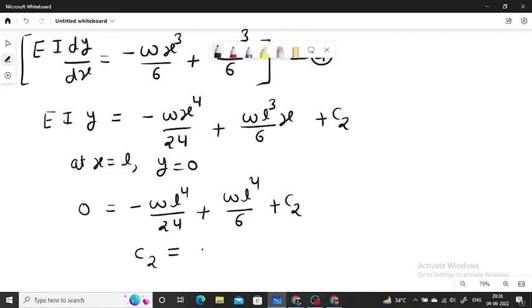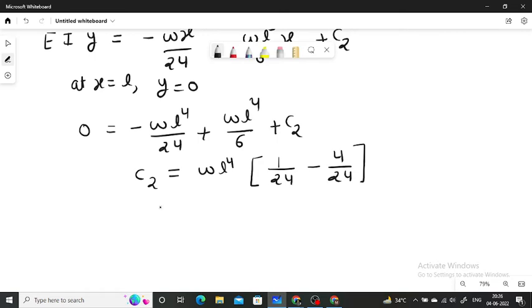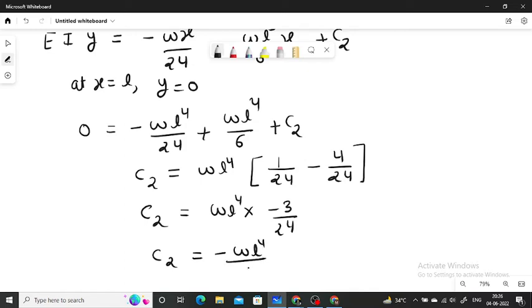C2 is equal to WL to the power 4 into (1 upon 24 minus 4 upon 24), multiplying by 4 divided by 4. Now C2 will be equal to WL to the power 4 into minus 3 upon 24. C2 will be minus WL to the power 4 upon 8.